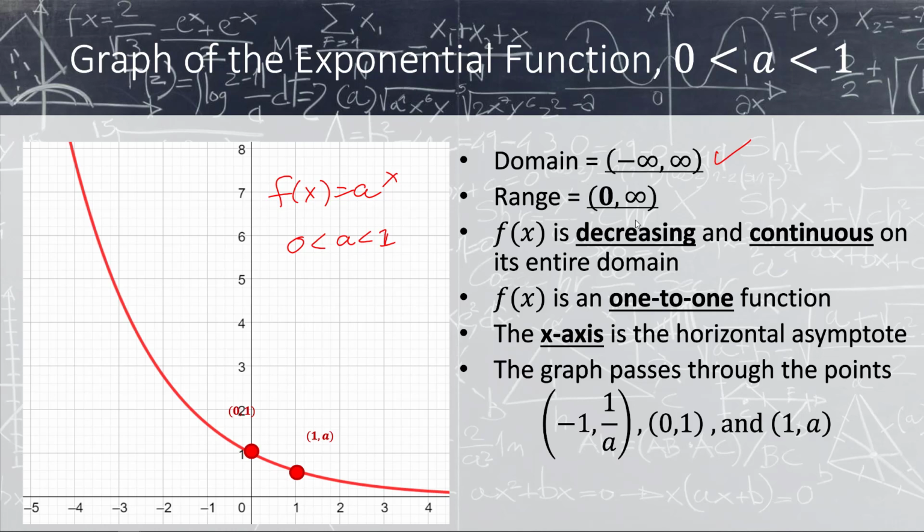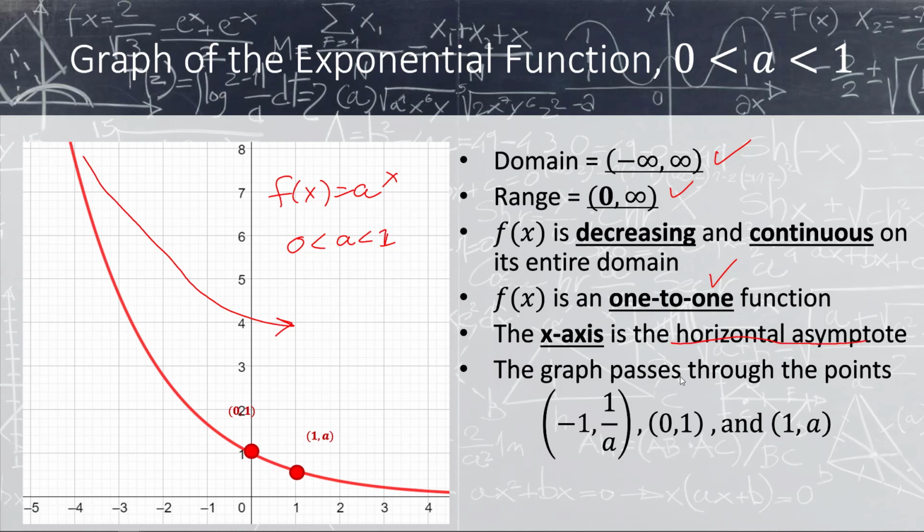It still takes on strictly positive values, but now instead of increasing, it is decreasing for all values in the domain. It is still continuous, and since it's always decreasing, it is a one-to-one function. Once again, as x approaches infinity, the function approaches 0 but never quite reaches it. So the x-axis is a horizontal asymptote.